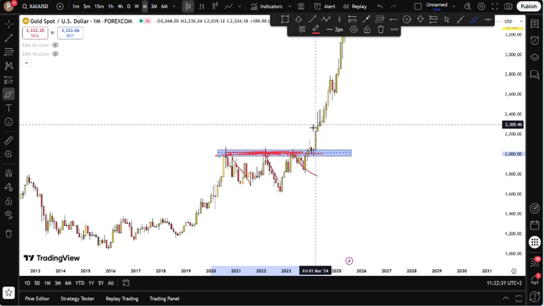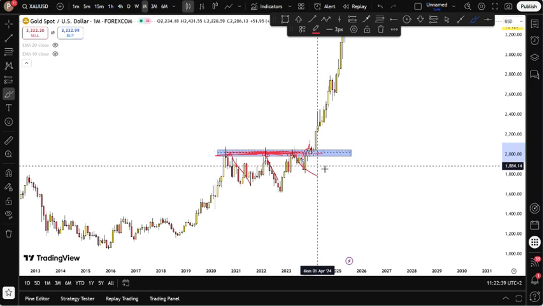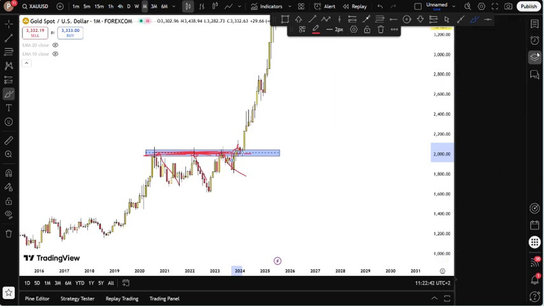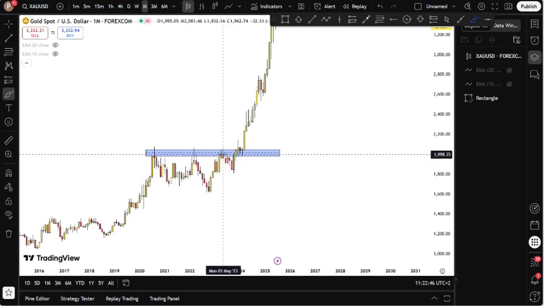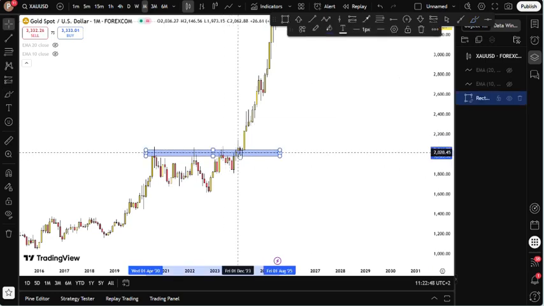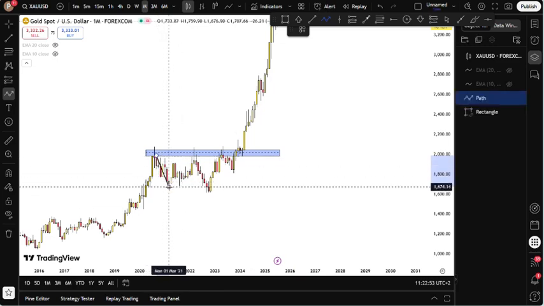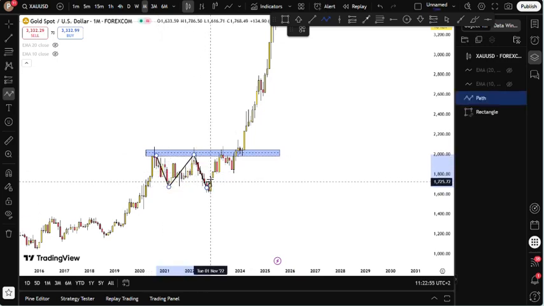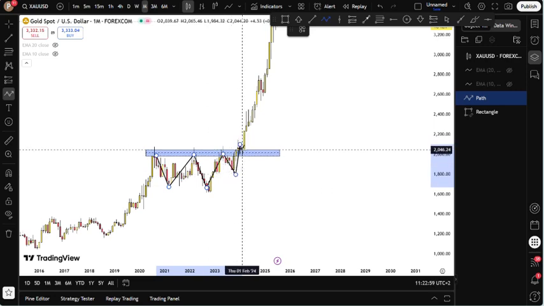So once the market broke above the zone, it turned into support. It resisted, came back down, rejected off of it, and broke above and gave us a retest.